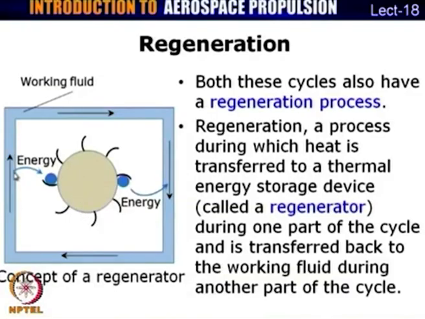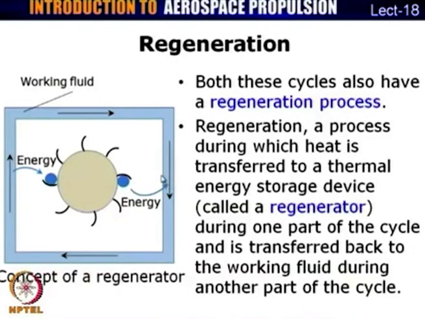During one part of the cycle we transfer energy to this device, and then this device transfers energy back to the working fluid during another part of the cycle. So, energy is transferred to the device during one part of the cycle and transferred back to the working fluid during another part of the cycle.